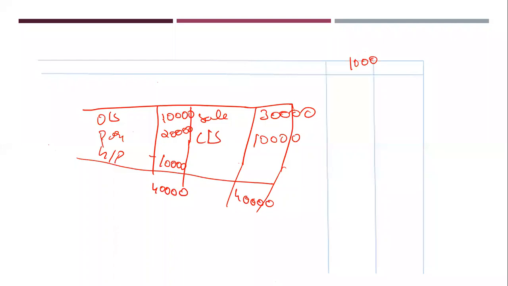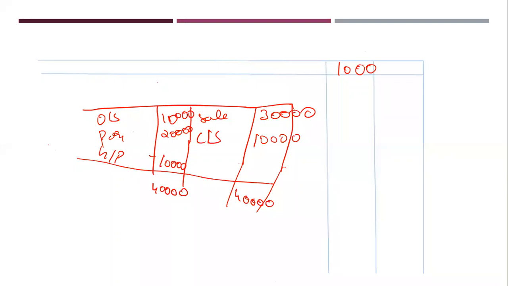So what should the actual value be? Sorry, overvaluation, it will be correct. Overvaluation of opening stock: what they are saying is that the opening stock is overvalued by an extra 10,000.